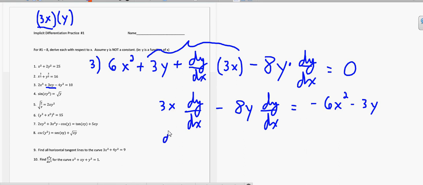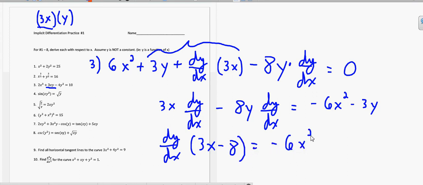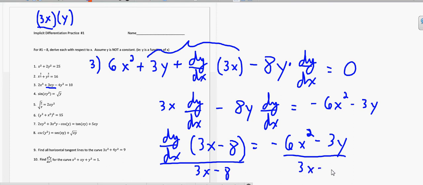So essentially that's going to give us dy/dx times 3x minus 8 equals negative 6x squared minus 3y. If you're thinking ahead, you can really skip a lot of this work. And now we're going to divide both sides by 3x minus 8.